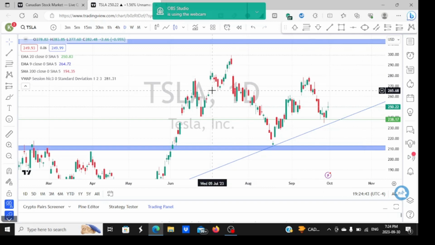So a gap is where there's a space between one candle, like one day the candle is up and the next day there's a space and it goes down. Or here where one day the candle is at 261 and then it jumps on the Wednesday to 277.